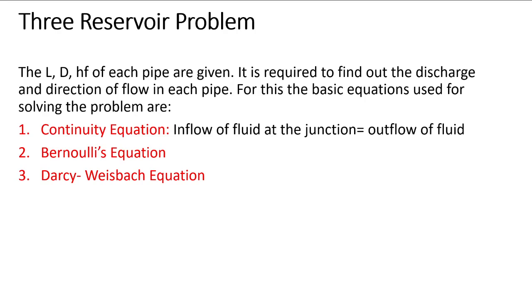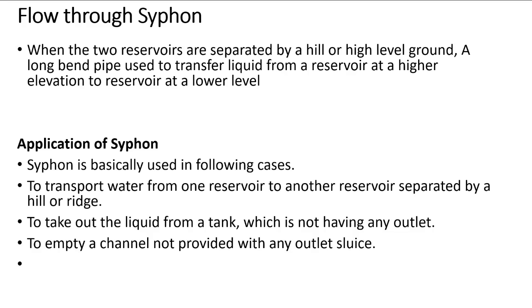For this, the basic equations are used. Continuity equation, that is inflow of fluid at the junction is equal to outflow of the fluid. Second, we use Bernoulli's equation, and third, we use the Darcy-Weisbach equation. In the next lecture, I will show how the three reservoir problems are solved.